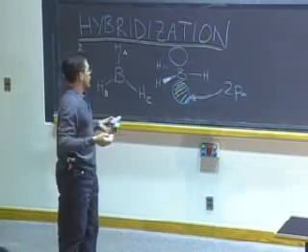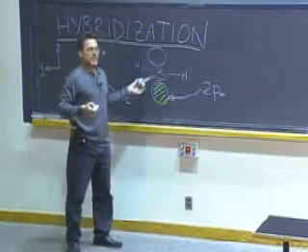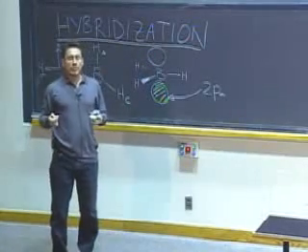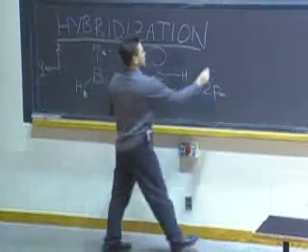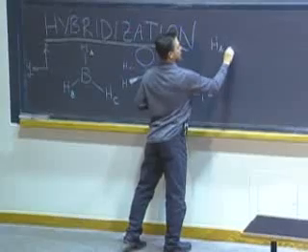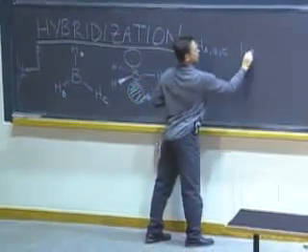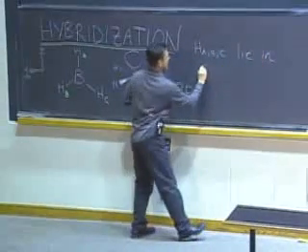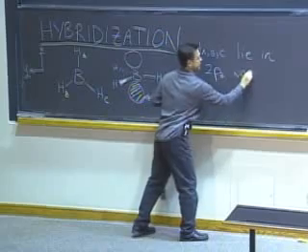Okay? What we can say is that these 3 hydrogens, A, B, and C, reside in the plane, in the nodal plane of the 2pz. So they lie in the 2pz nodal plane.